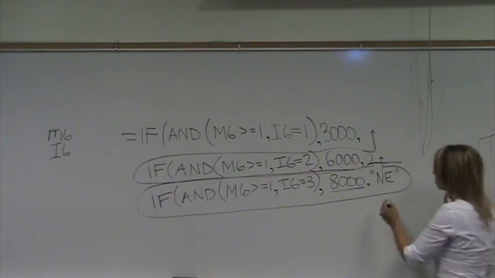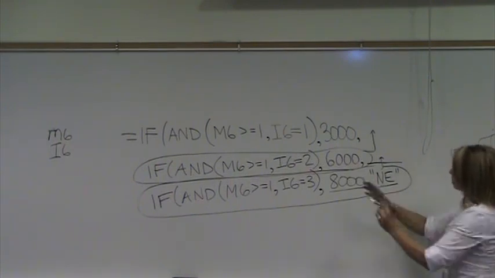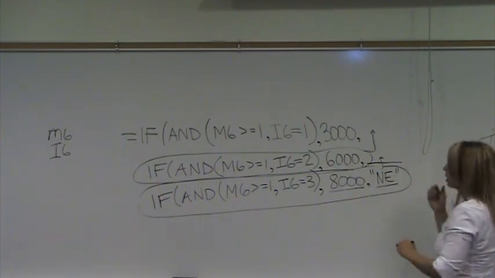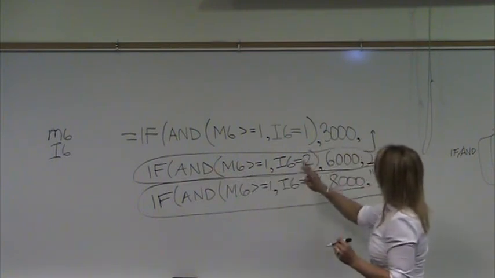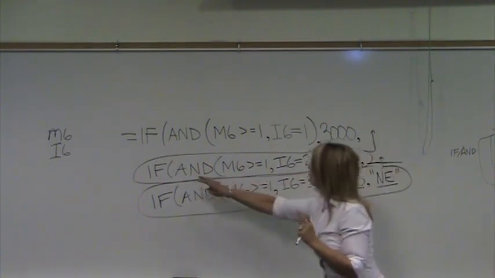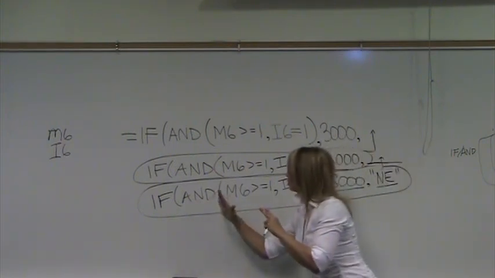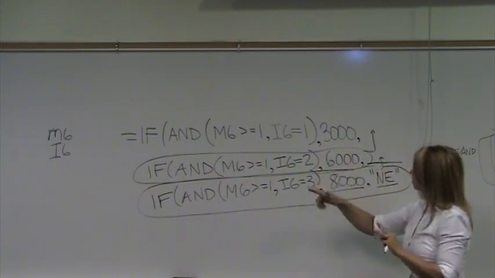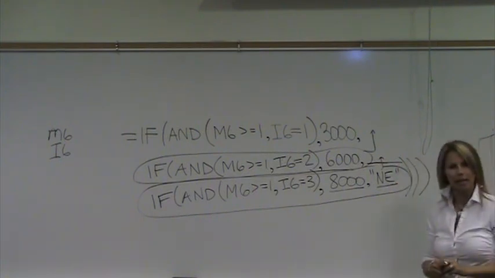If it's false, the only thing left is that they're not eligible. Okay? So once we write all that out, we've got to get all these parentheses in there. Let's see. We have 1, 2 opens, 1 closed, 2 more opens, 1 closed, 2 more opens, 1 closed. So we have 6 opens, 3 closed, which means we need 3 closed on the end there.